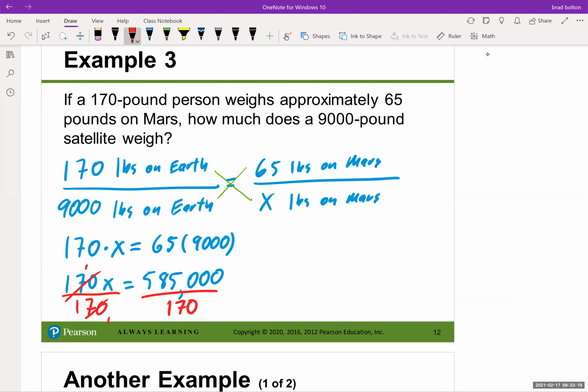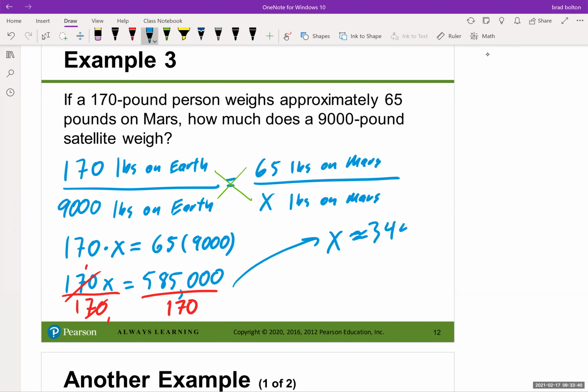This cancels and becomes 1, and we're left with x equals 585,000 divided by 170.